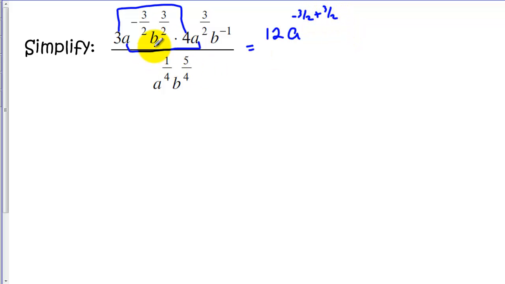And then we pair up the bases of the b's. And our exponents that we're going to add are 3/2 and plus a -1. And I'm going to leave the denominator alone for a second.